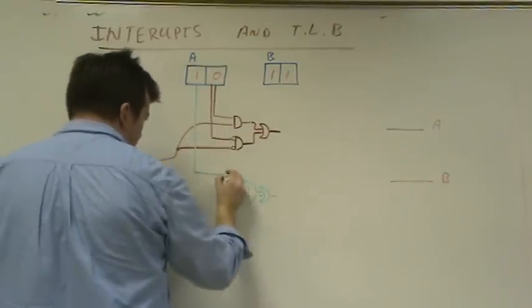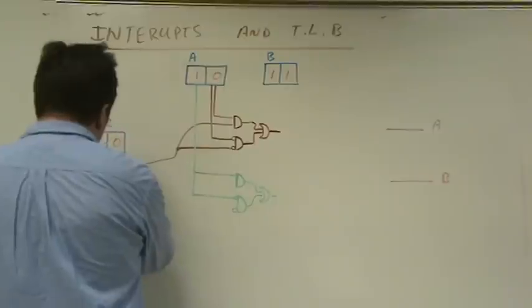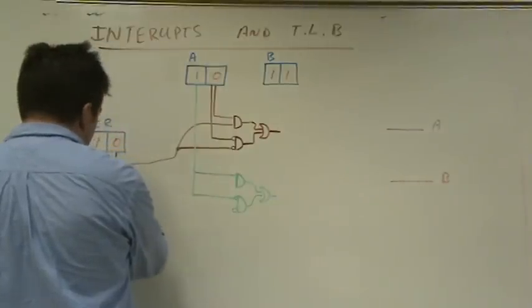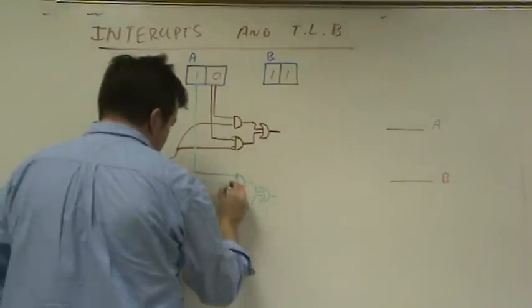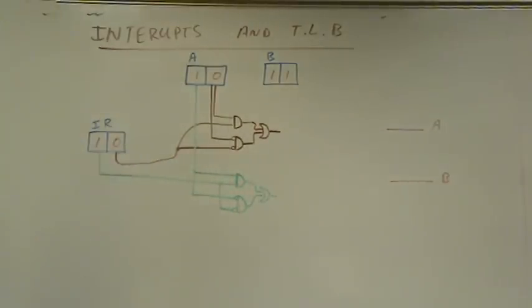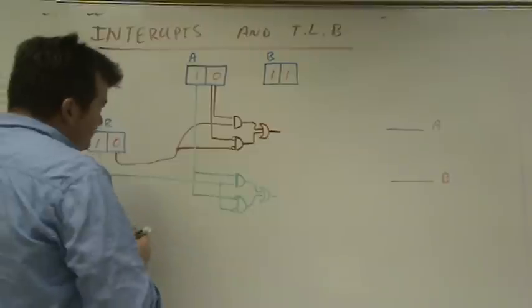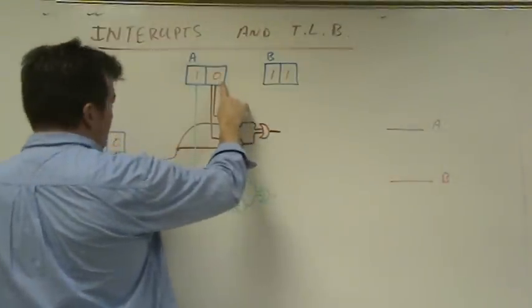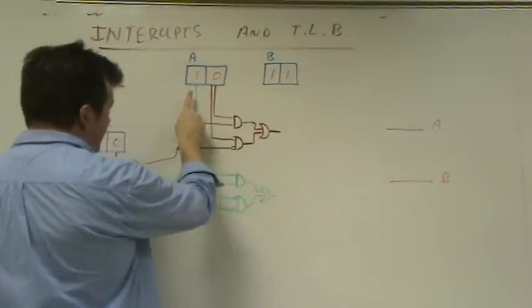So we're doing this, and we're doing this, and that. They're both the same. Now this will be turned on if the low order bits match. This will be turned on if the high order bits match.